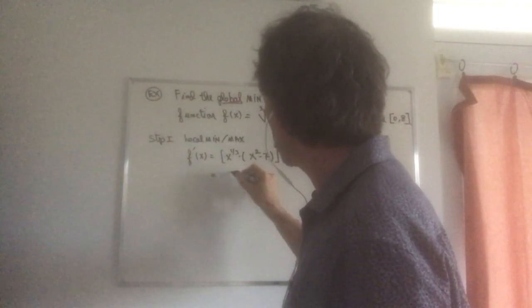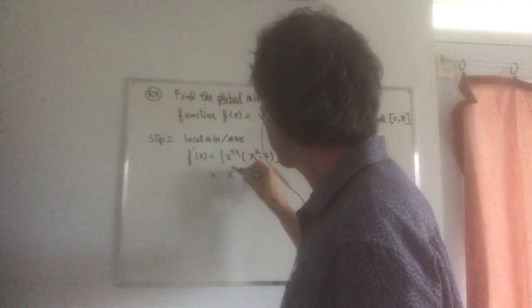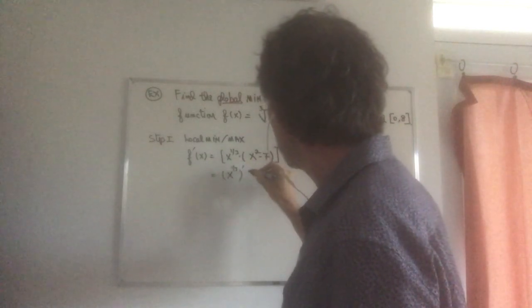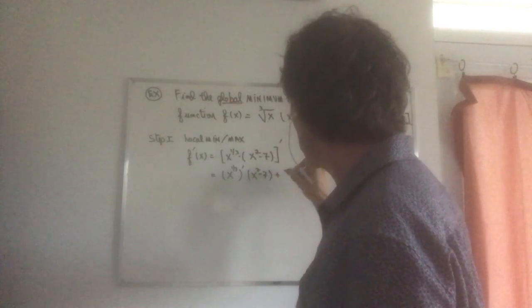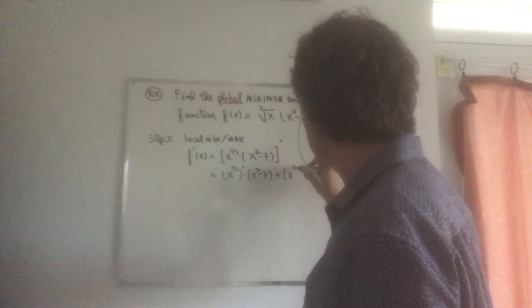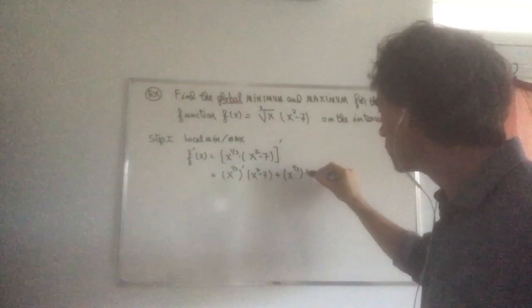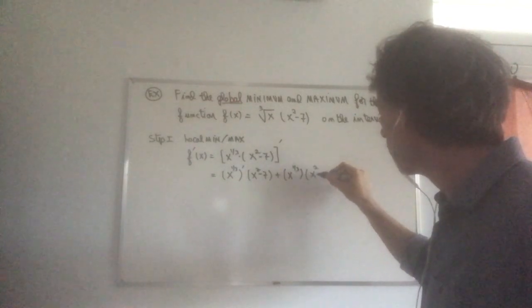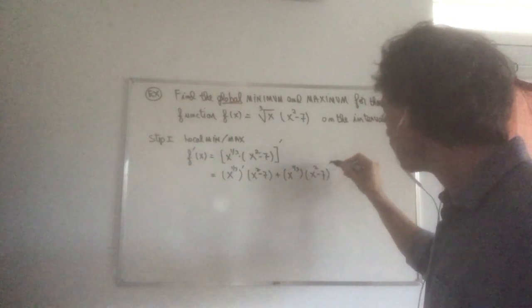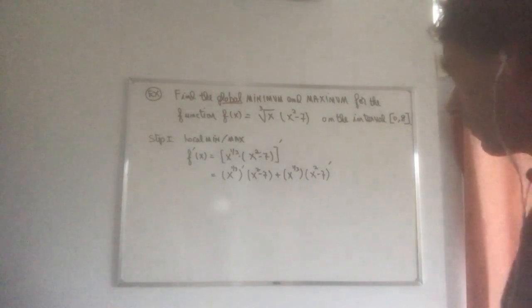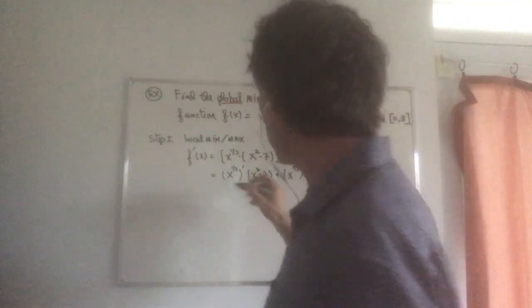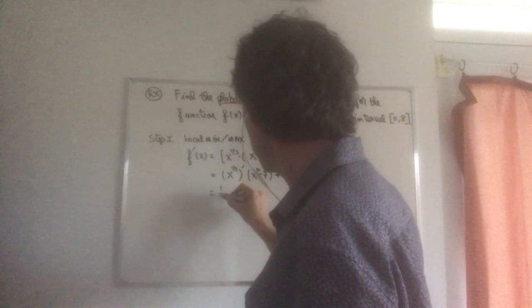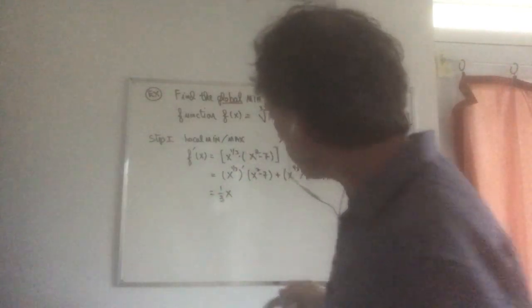So product rule: the derivative of the first one times the second one not prime, and then reverse: x to the 1/3 not prime times the second one prime. Good. All right. Good old exponent rule, rule number 4. We remember, very useful. 1/3 x to the 1/3 minus 1.